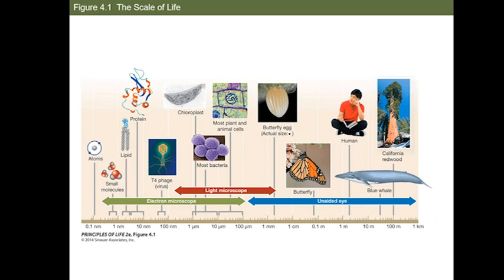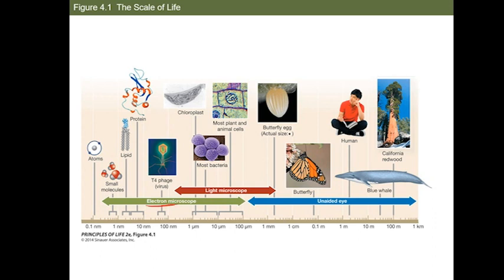The chloroplast, which is inside of a cell, but it's about the same size as a prokaryotic cell, is at the 100 nanometer to 1 micrometer mark. Most bacteria are between 1 micrometer and 10 micrometers. These you can see with a light microscope. These you can see with the electron microscope.